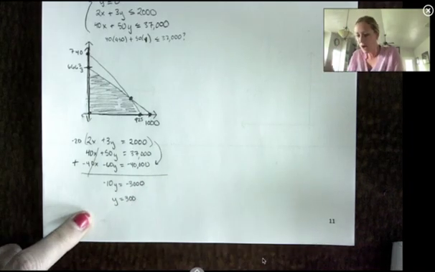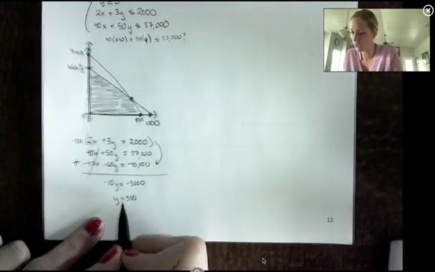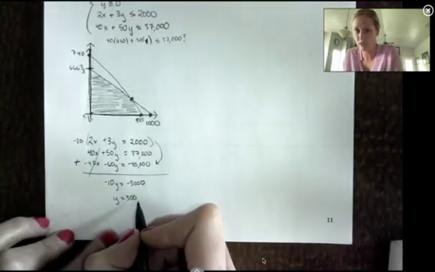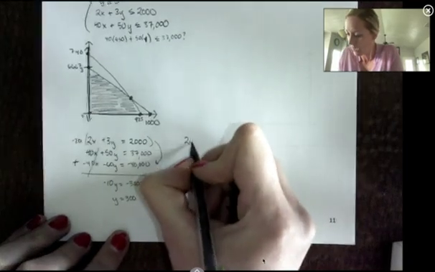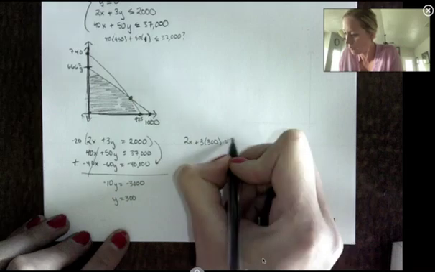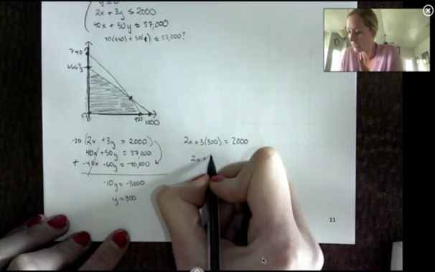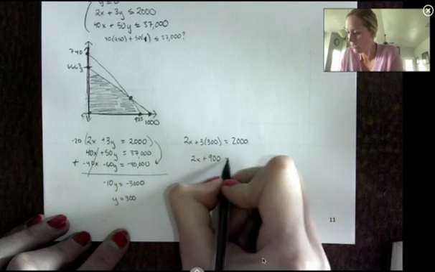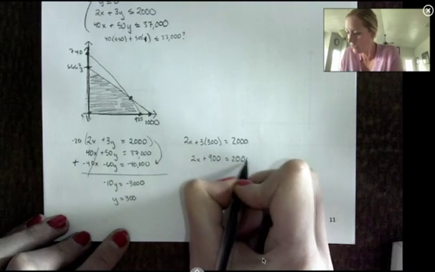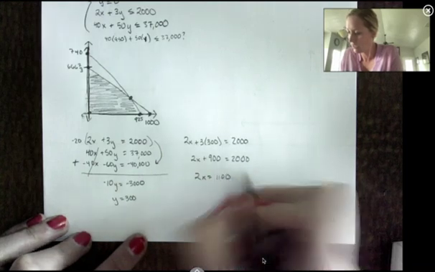Okay, so I know the y coordinate of the intercept. Now I got to plug in y into one of these original functions. I'm just going to do the first one. So I have 2x plus 3 times, we just got 300 for y, equals 2,000. So I have 2x plus 900 equals 2,000. 2x equals 1,100.